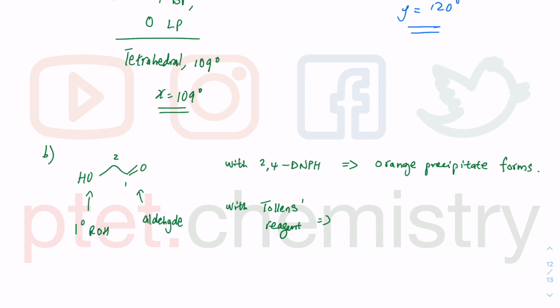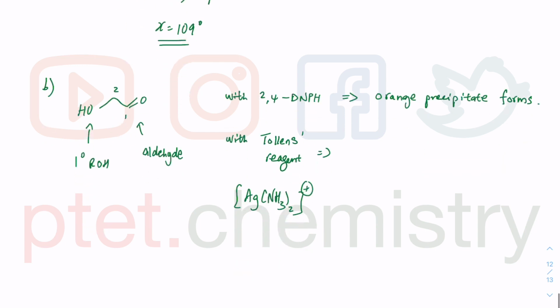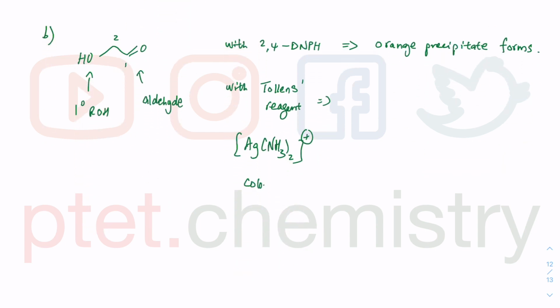Tollens' reagent is basically silver with 2 ammonia with a plus. So this is a colorless complex. You will learn more about complexes in A2, transition metal chemistry, but it's a colorless solution. When you dissolve silver chloride in excess ammonia, this is a colorless solution. The ammonia has 0 oxidation state because the molecule is a compound; your silver is +1.